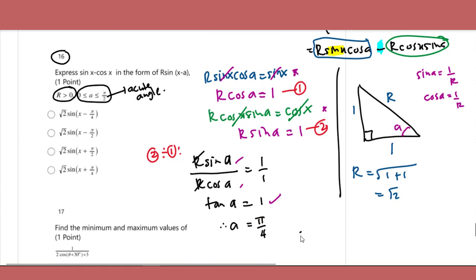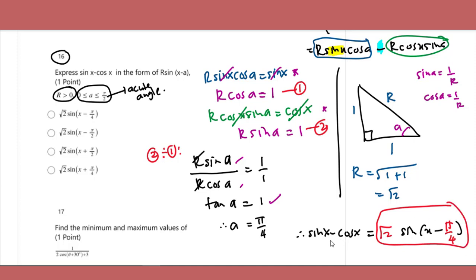Therefore sin x minus cos x is equal to r sin of x minus a. Substitute r is equal to root 2 and a is equal to pi over 4. The expression is root 2 sin of x minus pi over 4.